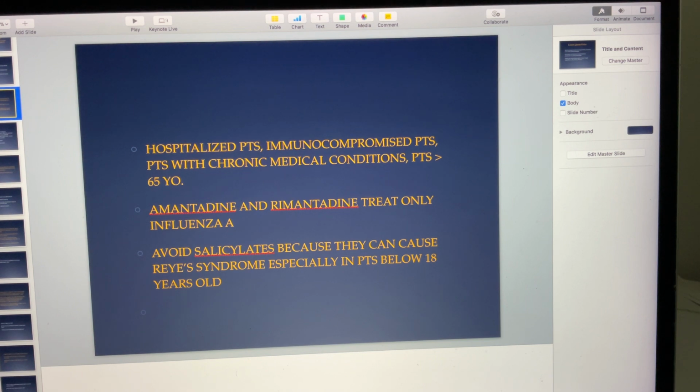The antivirals that mostly target influenza A are amantadine as well as rimantadine. For those who have flu, it is important that you avoid salicylate because this can cause something that is known as Reye's syndrome, especially for patients who are below 18.